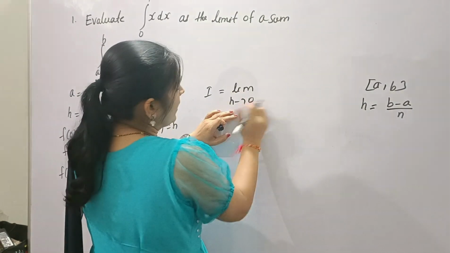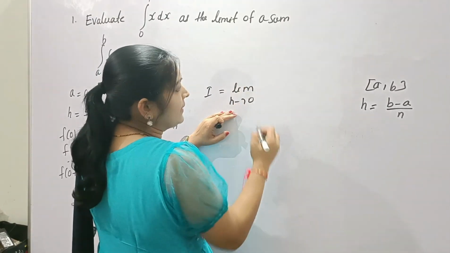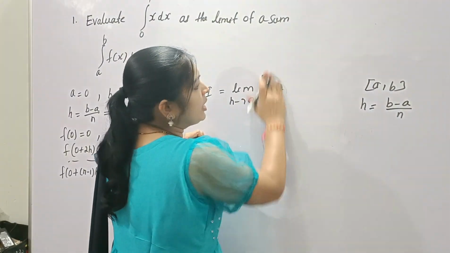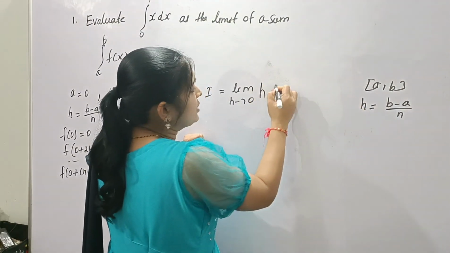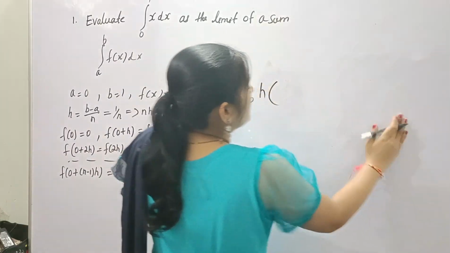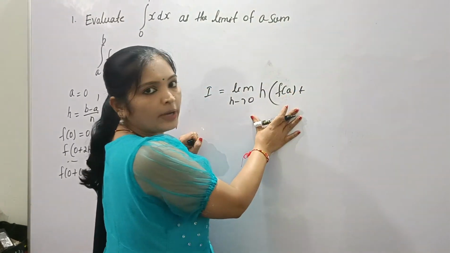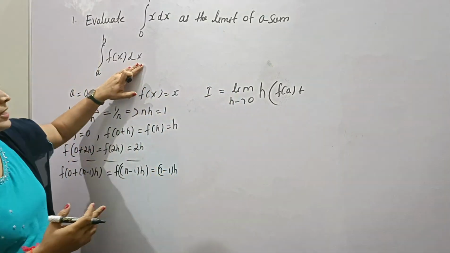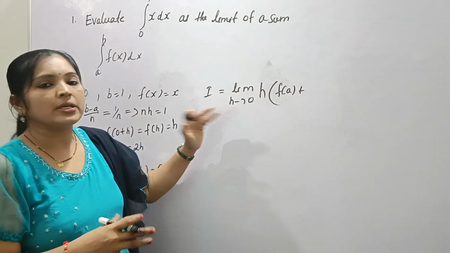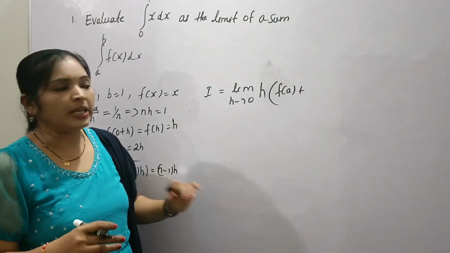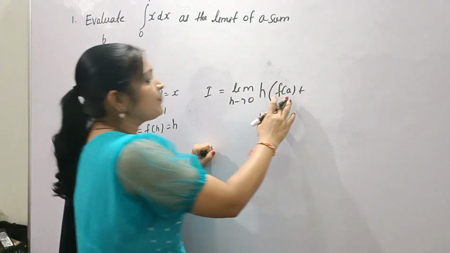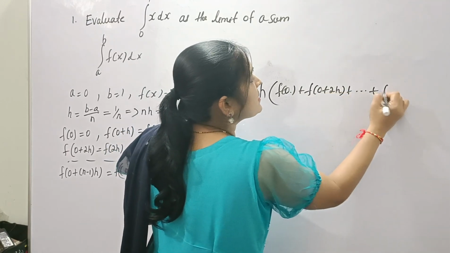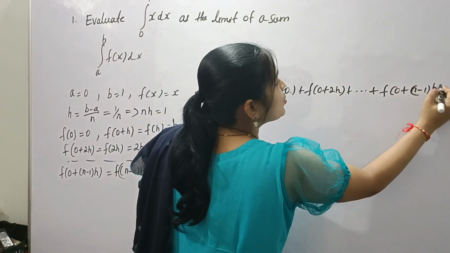So here limit h tends to 0. Actually we wrote b minus a divided by n, and b minus a divided by n is nothing but h. So h into f of a, that is our formula to find the value of the integral. So integral a to b f of x dx is equal to, as we wrote already, limit n tends to infinity b minus a divided by n into the average value of the function, that is f of 0 plus f of 0 plus h plus f of 0 plus 2h plus etc. plus f of 0 plus n minus 1 into h.